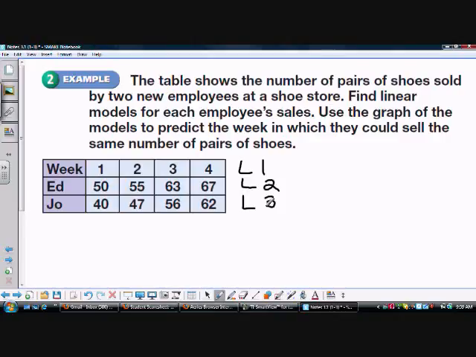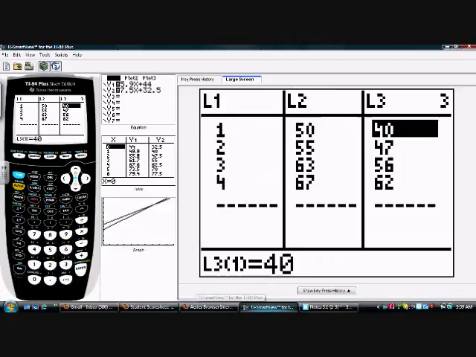Since these are very short lists, you will want to clear them rather than just trying to write over your lists. Okay. 1, 2, 3, 4 in list 1. 50, 55, 63, 67 in list 2. 40, 47, 56, 62 in list 3.